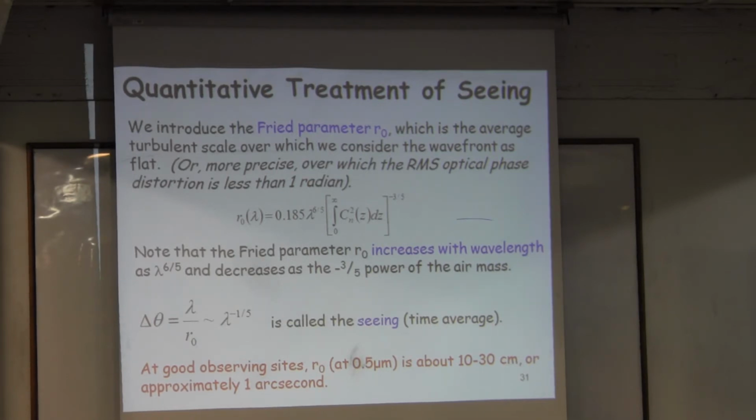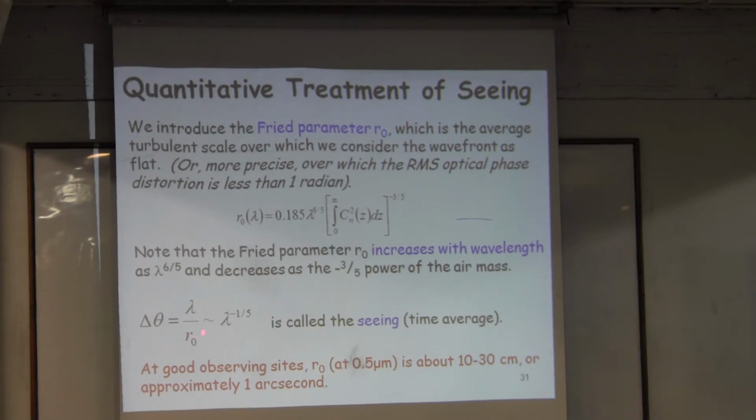Right? An arc second for a decent observatory. That's the size of your seeing-limited star. And that size is actually given by wavelength divided by this free parameter. So if you know the free parameter, you'll also know the seeing.